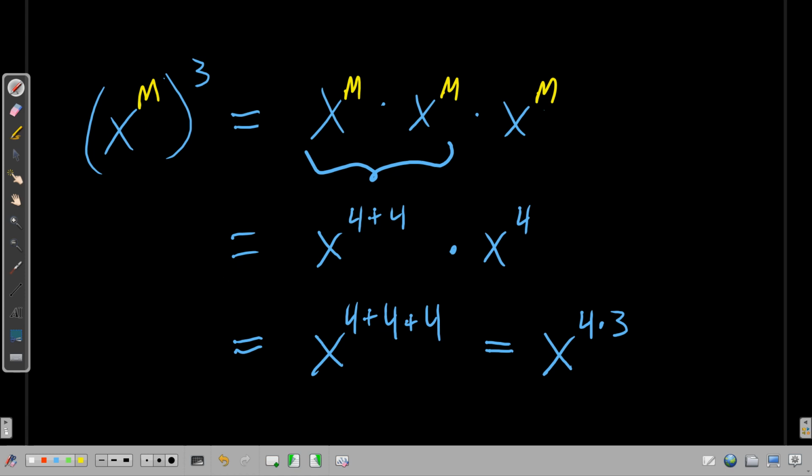It's just that m is a placeholder for a number. It can be whatever number you want. Put whatever number you want in there. Here I am, replacing all the 4s with m's. And nothing has changed.